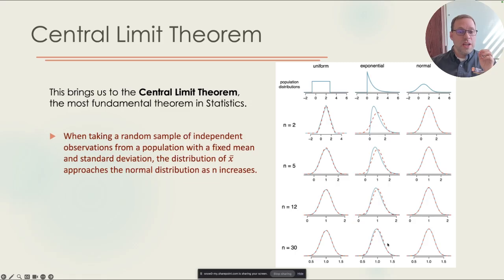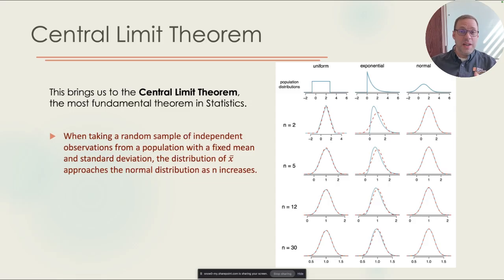Okay? So if your sample size is large enough, then your sample starts to mimic a normal distribution. That is important. If your sample size is large enough, your sample starts to mimic a normal distribution.